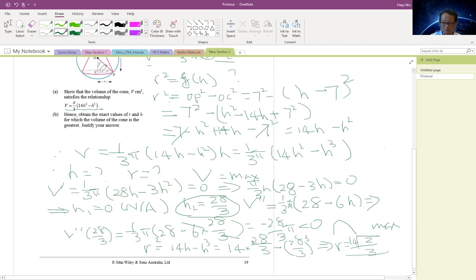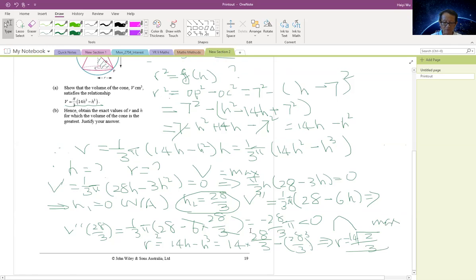Now we're going to find the maximum volume. We substitute into the volume formula we already proved. The maximum volume will be achieved when h equals 28 divided by 3 squared minus 28 divided by 3 cubed. Let's work it out.